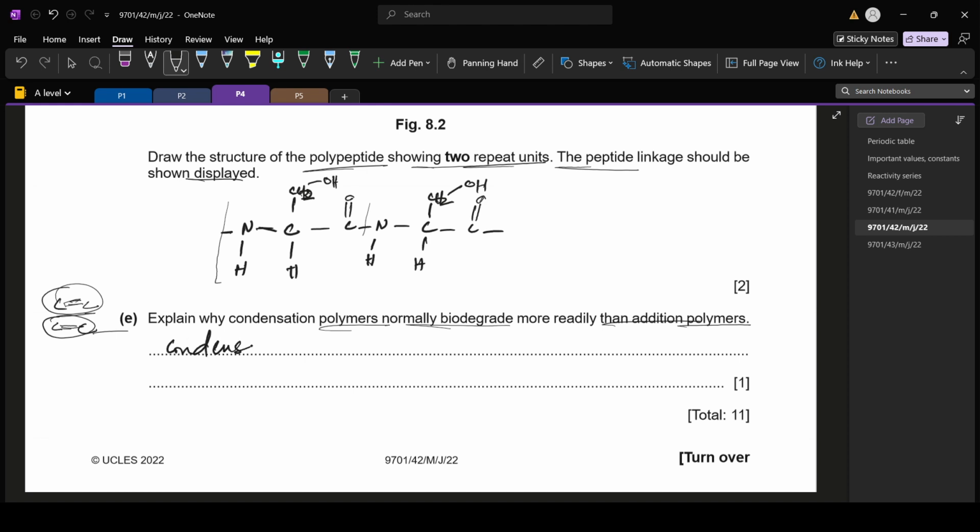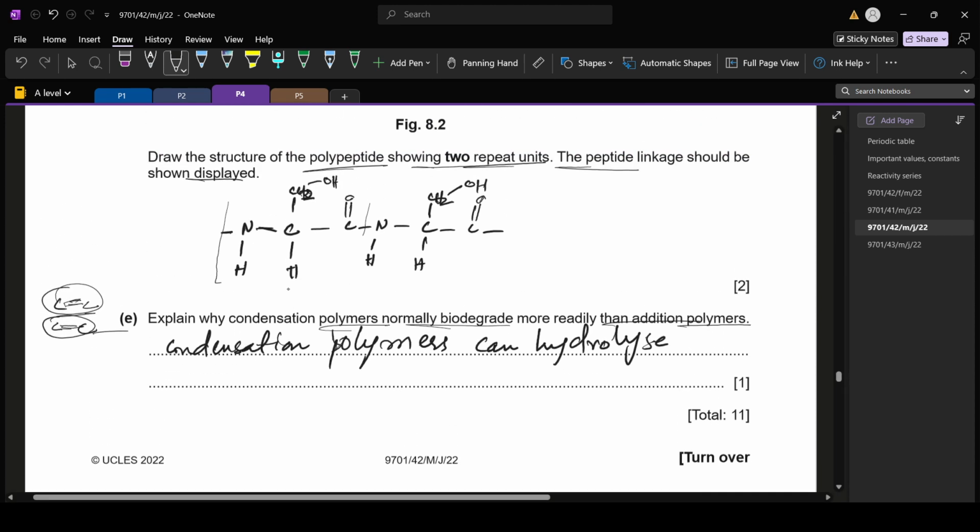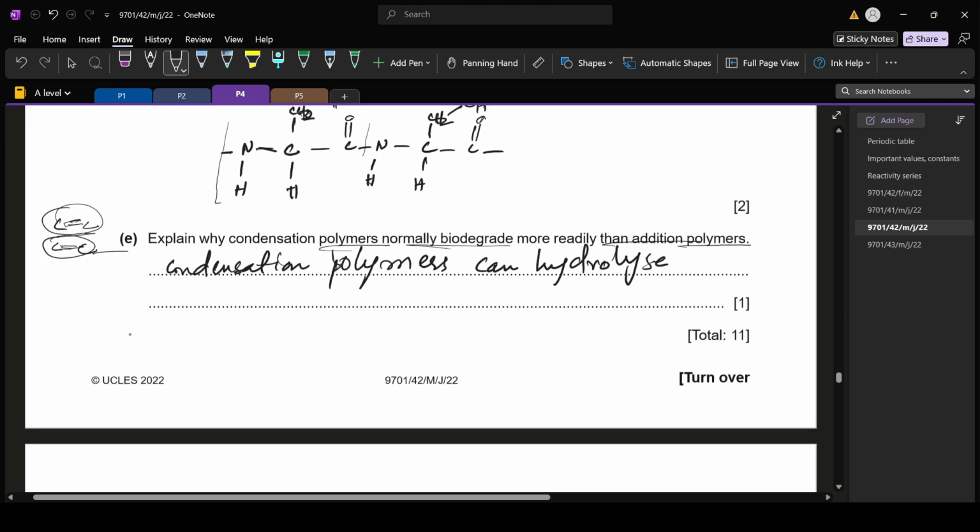Condensation polymers can hydrolyze. By hydrolysis you break the amide linkage or ester linkage, but in addition polymerization there is no such linkage, and there are strong bonds, so it does not hydrolyze.